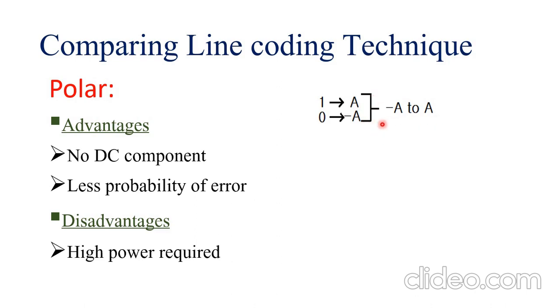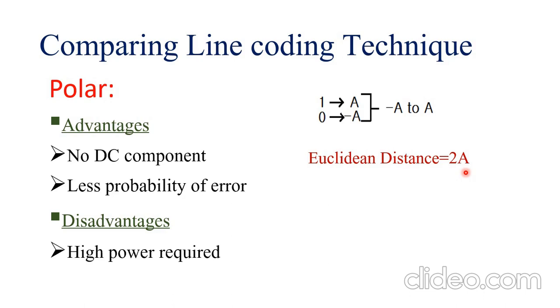So here you will be finding the Euclidean distance. That is minus A to plus A, which means it will be 2A.